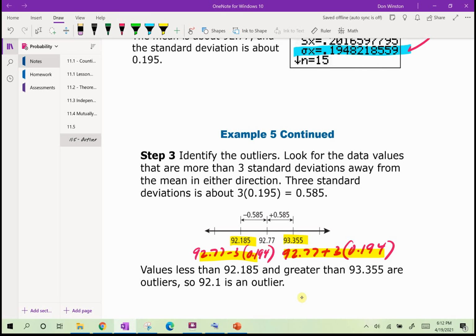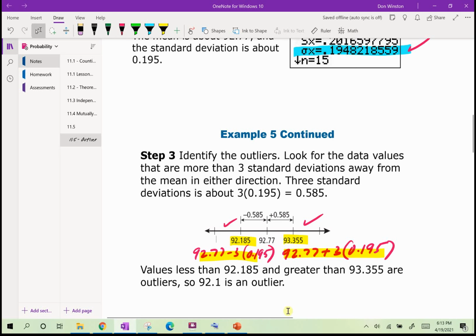Okay, they said 0.195 rather than 0.194, so let me erase this, be consistent. So the mean, 92.77, plus 3 times the standard deviation gave us 93.355.